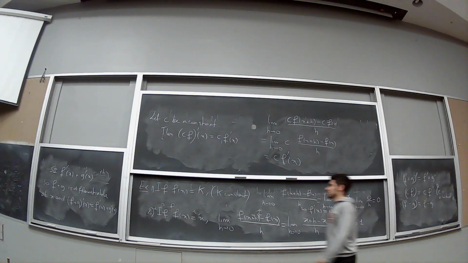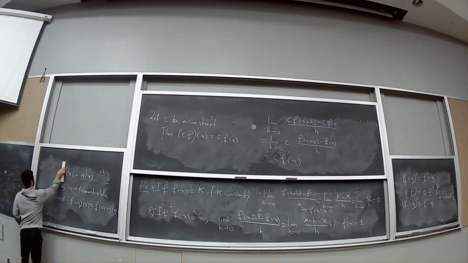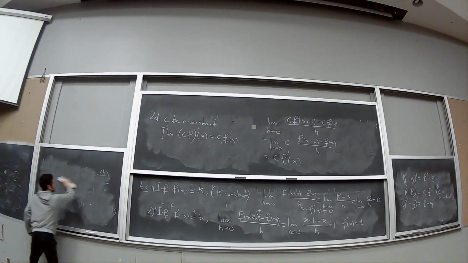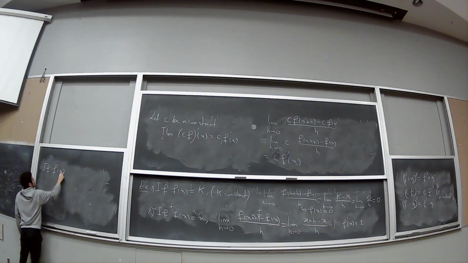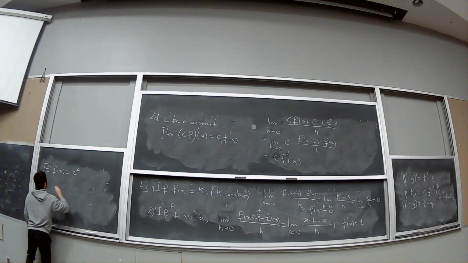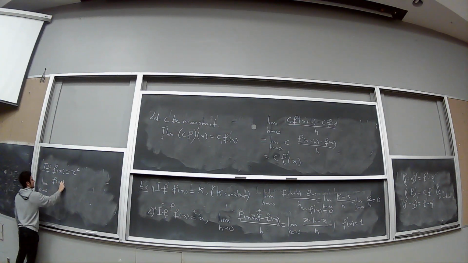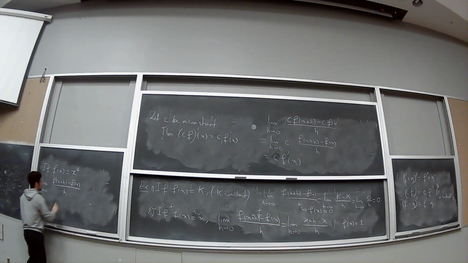Let's try f of x is equal to x squared to see what happens. If f of x is equal to x squared, f of x plus h minus f of x over h.